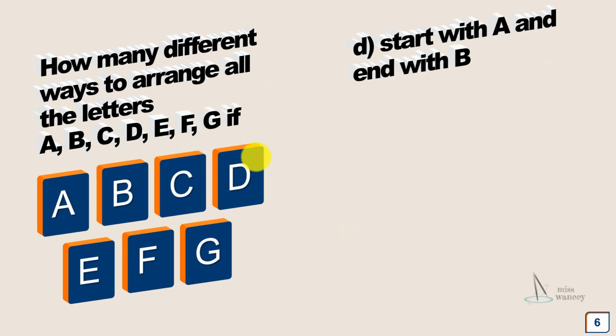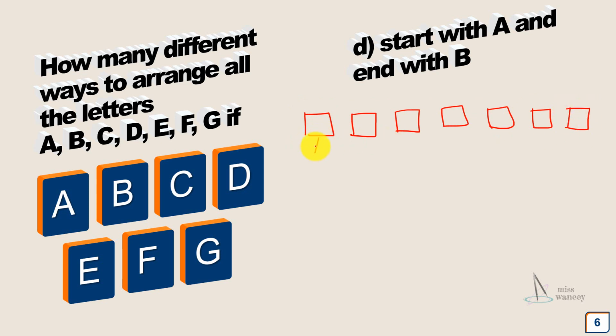Okay, so this has a few conditions. So we have to start with A, but we must end with B, and we must arrange everything. So let us do some boxes. 1, 2, 3, 4, 5, 6, 7. So I already said that I must start with A and I must end with B. So I only have one choice over here.